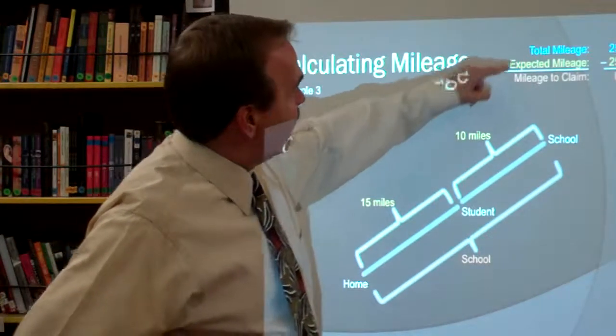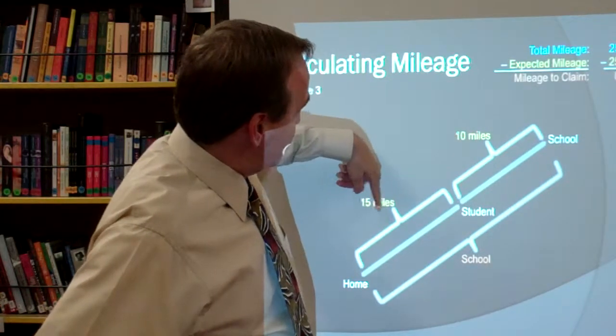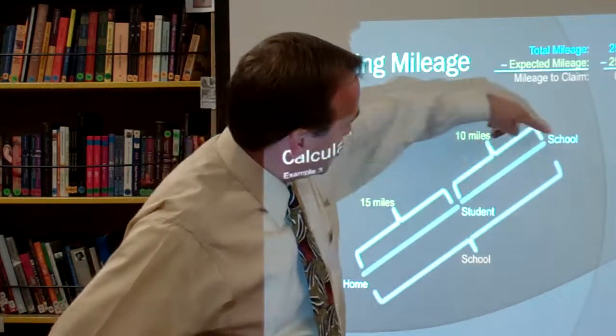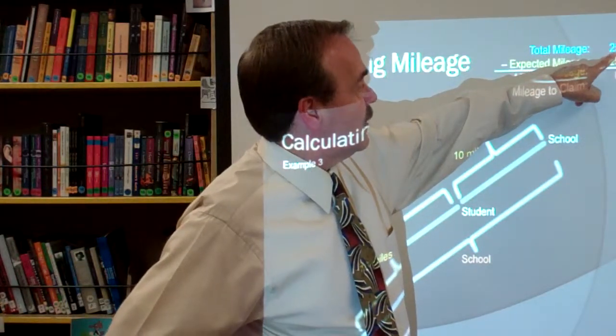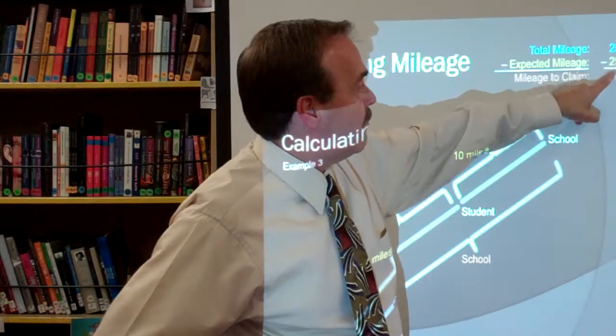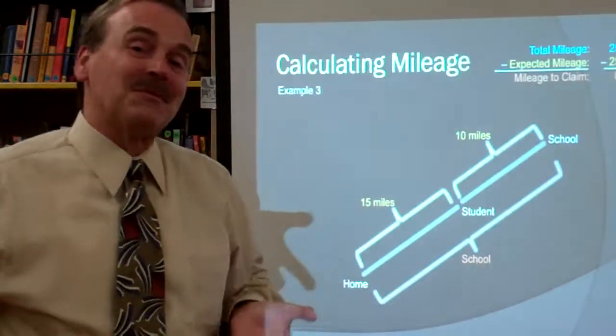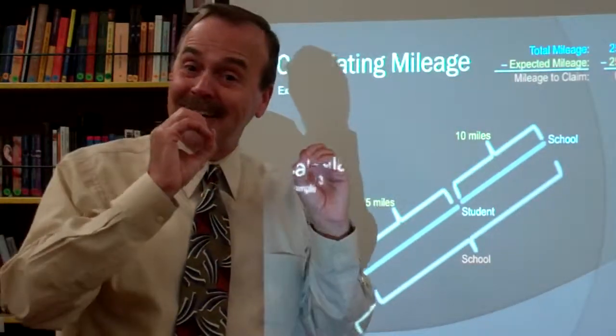And so therefore you add up the mileage that you traveled. You went from home to school, then you went to the student, then from the student to home. Your total mileage for the day was 25 miles, but your expected miles was 25. Therefore you get 0.